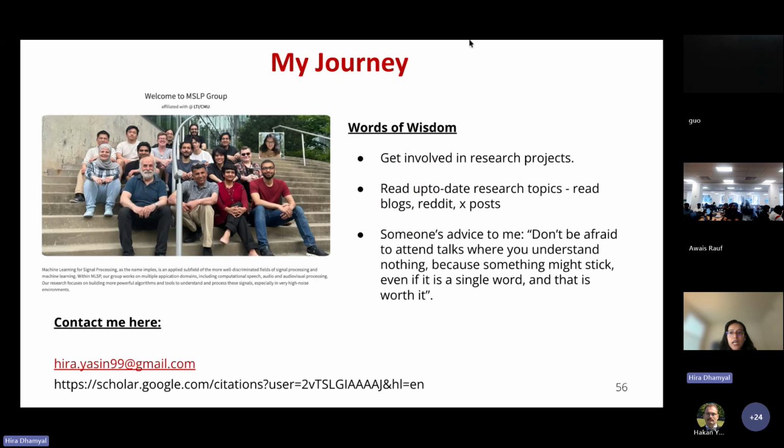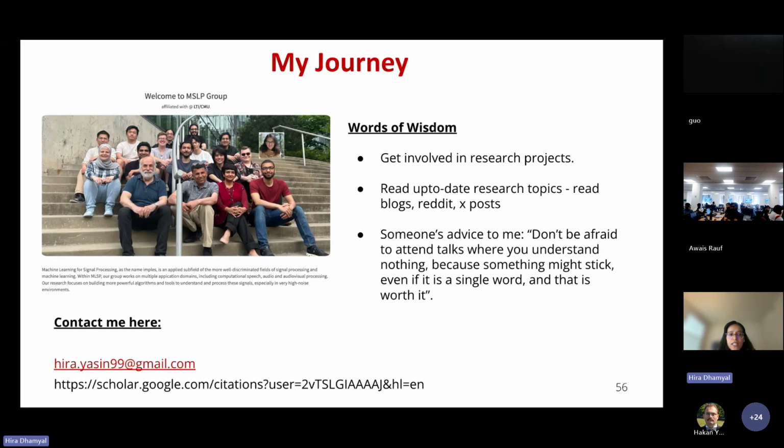I want to go over a little bit to inspire you guys if you want to take up the PhD path. I started working in this lab. These are all of my advisors and my fellow PhD survivors. And unfortunately, when this picture was taken, I was not present, so I edited myself in on the corner.